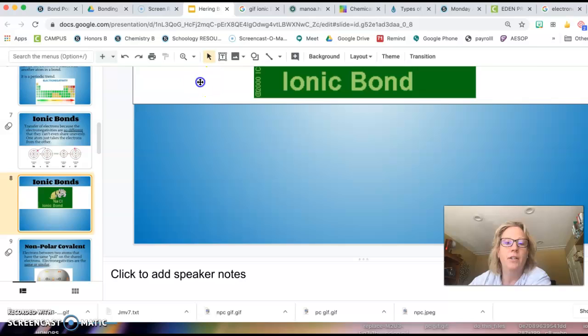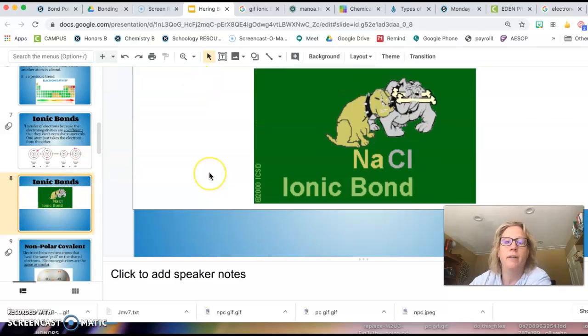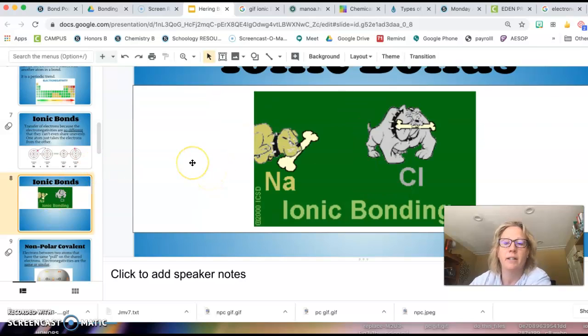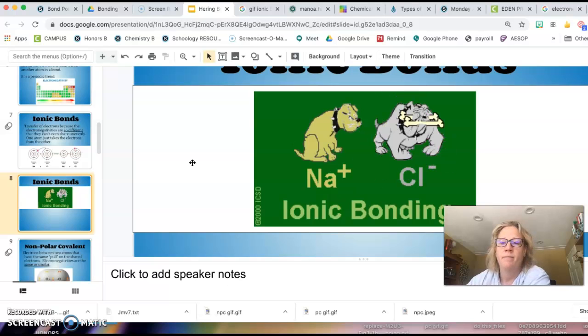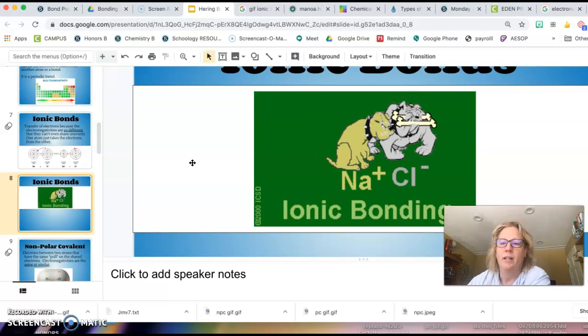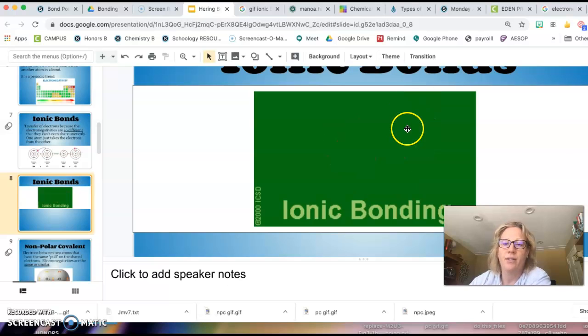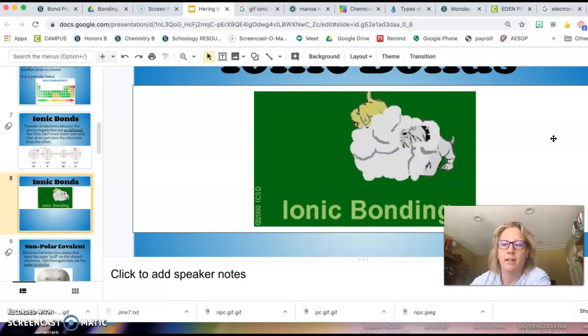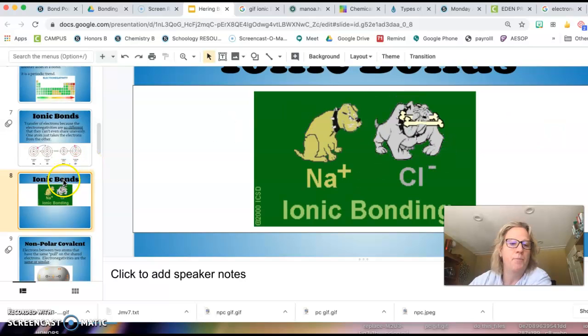Here's a little analogy of an ionic bond. The bone represents the electrons, and the big dog gets both bones, and the little dog gives up its electrons.